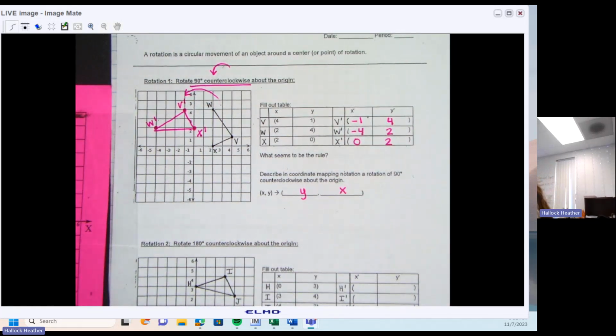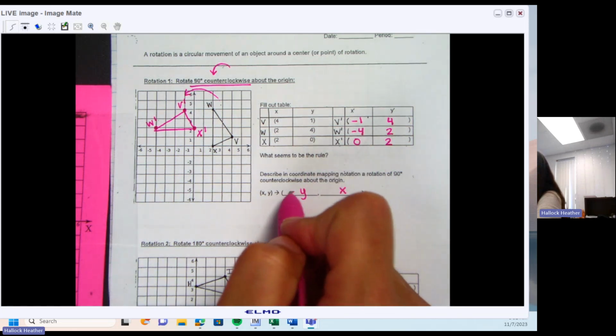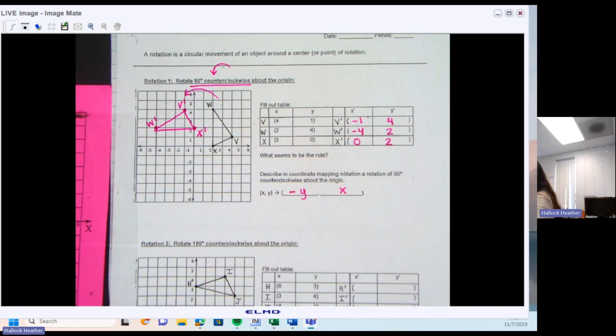There was one other thing that happened. The X specifically went to negative. So my new X, or the Y value, switched its sign. So what that means is if it was negative, it is now positive. It was positive, now it's negative. So I flip it and I only switch the front number.